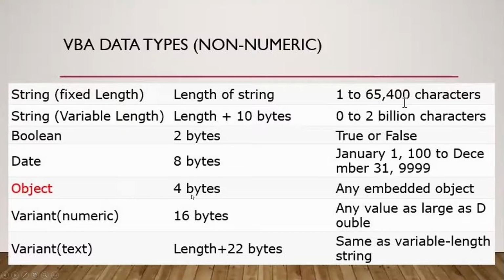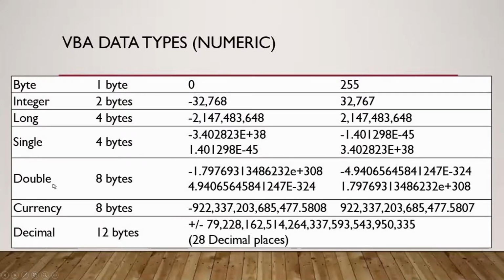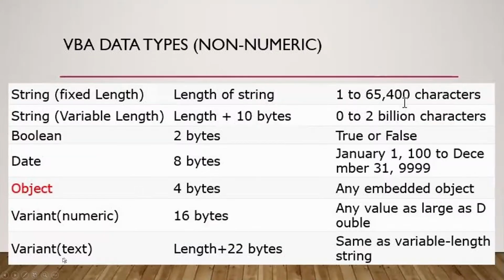Objects take 4 bytes, and this is an embedded object. And if you notice, Excel objects was Sheet1, Sheet2, Sheet3, This Workbook, we will talk about it. And then there is variant, and that's numeric. It takes 16 bytes, any value as large as double. What was double? Double was here. This is 8 bytes. And then variant text, length is 22 bytes, same as variable length string.